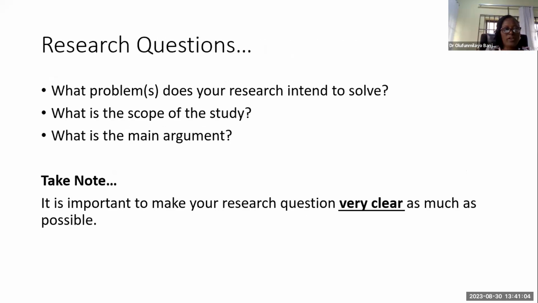Okay? So research questions are basically addressing what problems your research intends to solve. What is the scope of the study and what is the main argument? In some cases, you may be asked to just present a broad question. And in some cases, you may have to break the overall question down into bits.